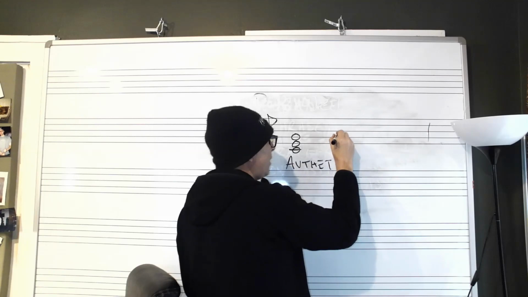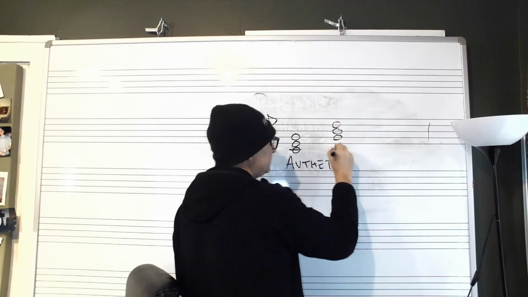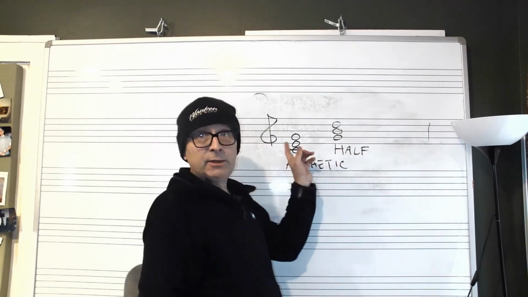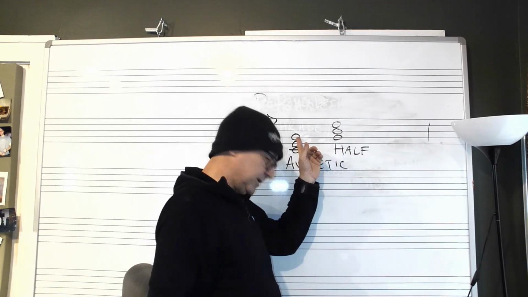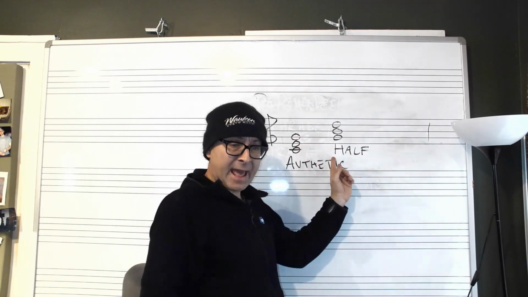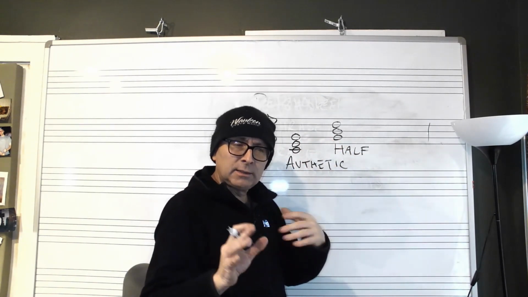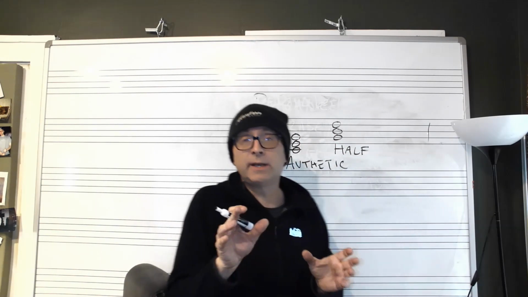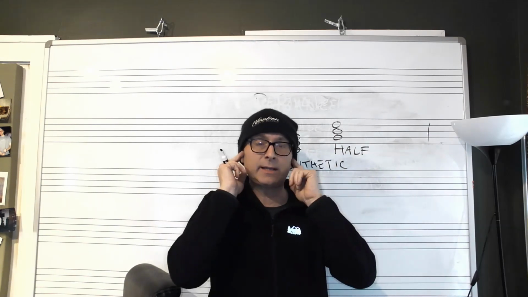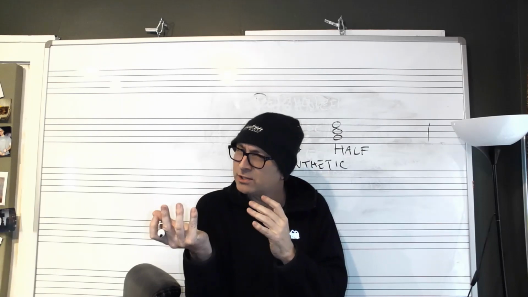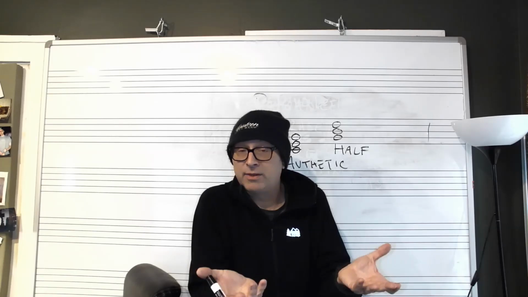If it ends on one of these 3 notes, it's going to be a half. But we notice that the authentic cadence and the half cadence have 1 note in common. So you kind of have to think a little bit about which it could be. And if you play it, your ear will likely tell you which one it is. If it sounds like it's not finished, then it's probably a half. If it sounds like it's finished, it's probably authentic.